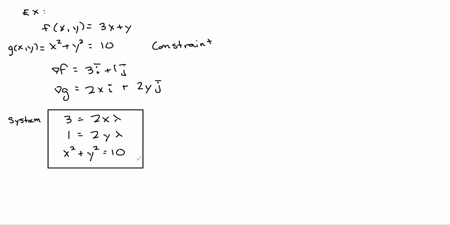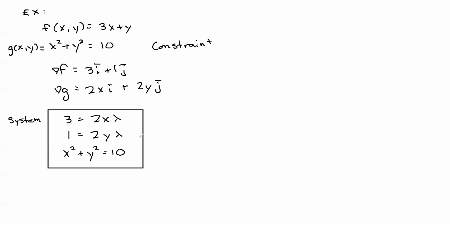Both of those methods work, and we're going to use both of them in different problems depending upon the context of the problem. One is not necessarily better than the other. One might be a little bit easier depending upon the problem.